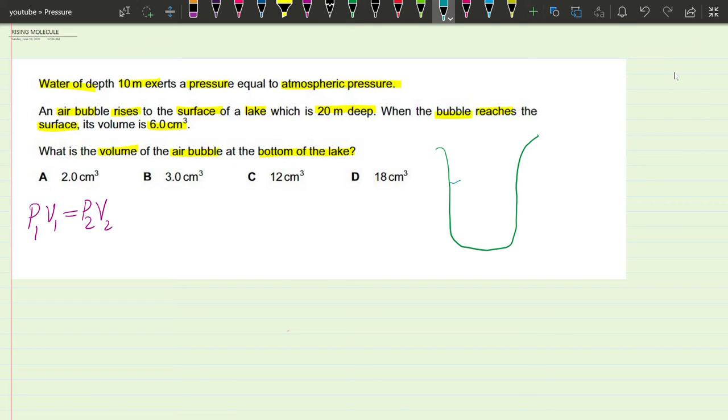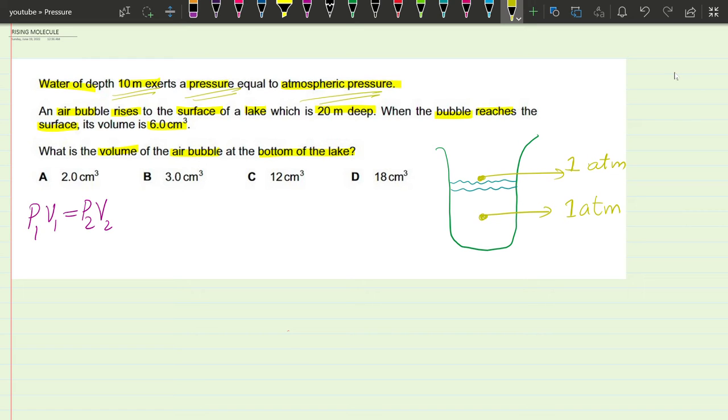Imagine this is the surface of the lake. What is the pressure here? At this point the pressure is 1 atm. The pressure at 10 meters is 1 atm, because the question itself states water of depth 10 meters exerts a pressure equal to atmospheric pressure.